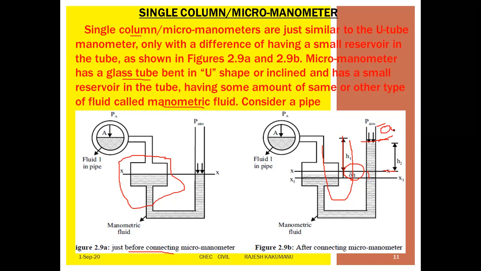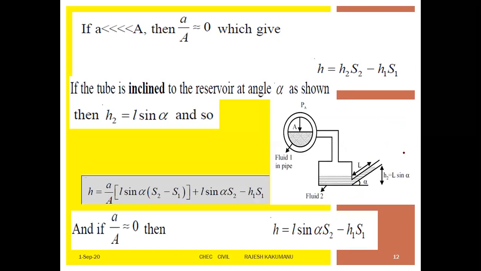Now if the pressure point A in the fluid, capital A, is greater than small a, so if small a is less than the greater A, then small a by A is equal to 0. Then we get H is equal to the formula we discussed, H2 S2 minus H1 S1.